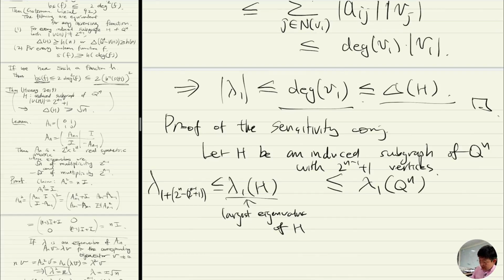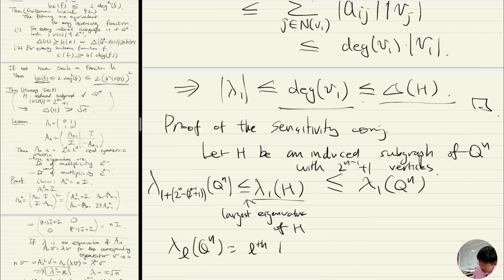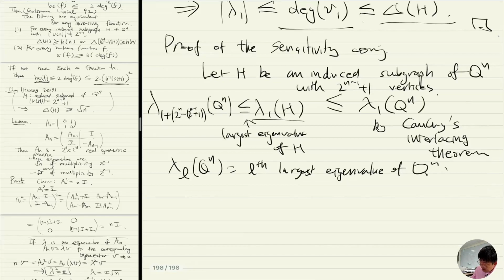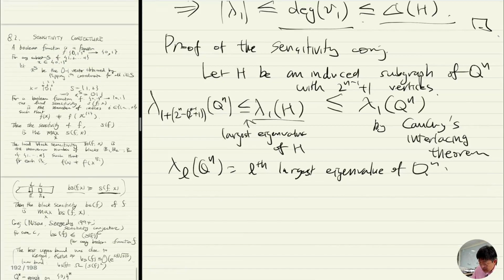By the way, when I say lambda L of Qn, it means the L's largest eigenvalue of Qn. And this is by Cauchy's interlacing theorem. Right, remember, let me show you again.